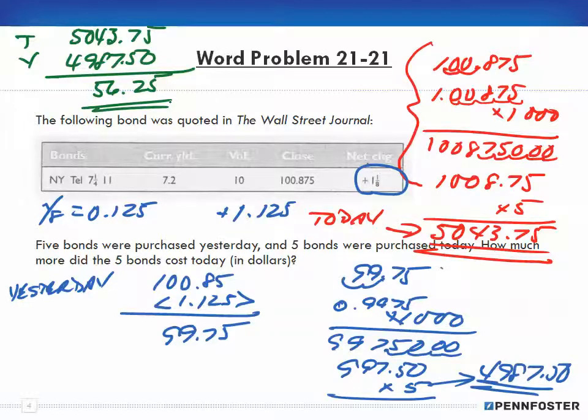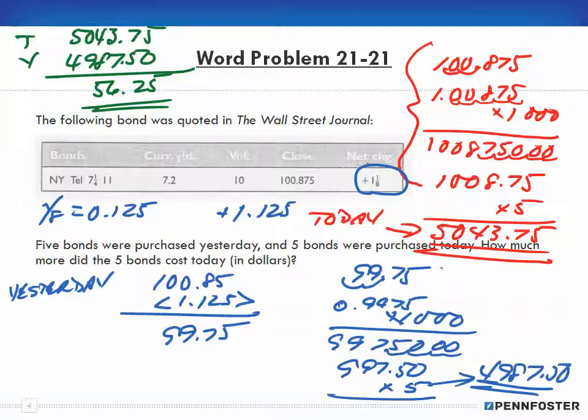So that is how much more the bonds cost today than they did yesterday: $56.25. Okay. All right. So with that, I'm going to stop here. And if you didn't understand that, go back and rewatch the video. I don't think I made it that confusing.